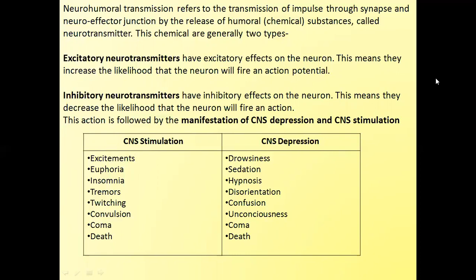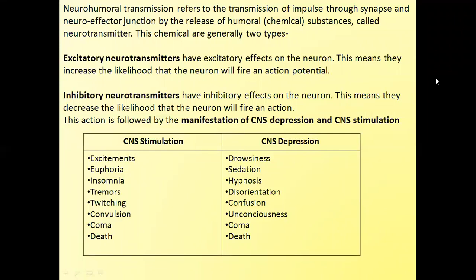Neurohumoral transmission refers to the transmission of impulse through the synapse and neuroeffector junction by the release of humoral, meaning chemical, substances called neurotransmitters. These chemicals are generally of two types. Number one is the excitatory neurotransmitter, which shows effects on the neuron by excitation.